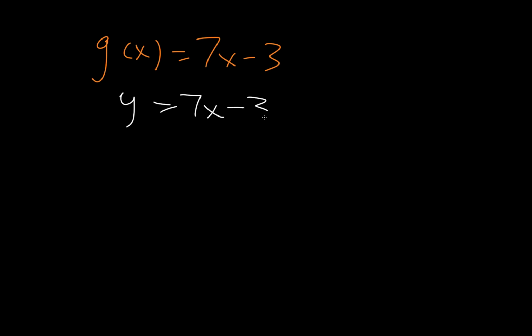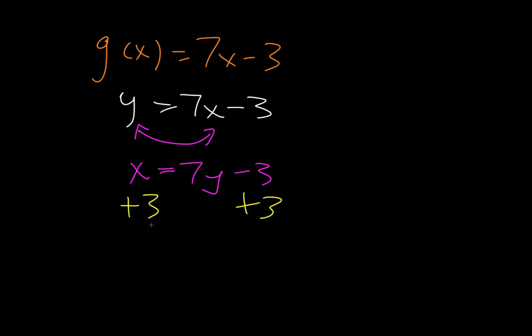Okay, I'm going to try another one. So we'll do g of x equals 7x minus 3. So once again, we change it to xy notation. So y equals 7x minus 3. Then we swap the x and the y. So we get x equals 7y minus 3. Then we solve for y.